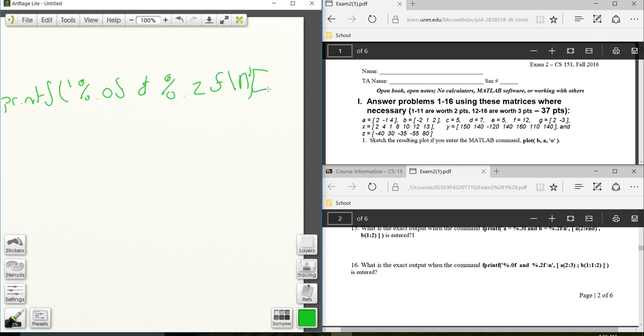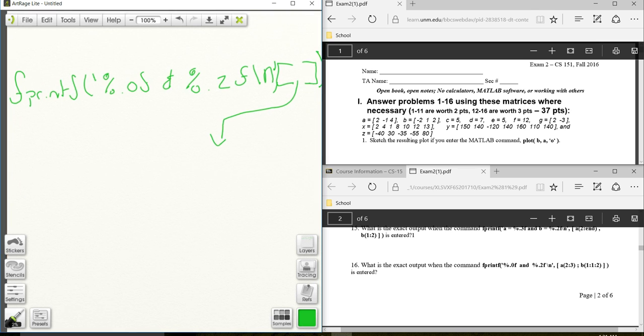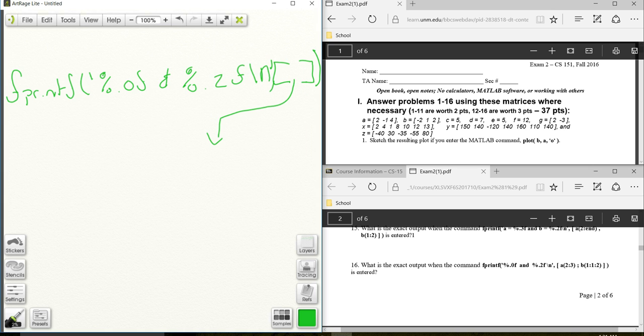We'll put our matrix right here. And a of 2 through 3 is going to be -1 and 4. And b of 1 and 2 is -2 and 1.